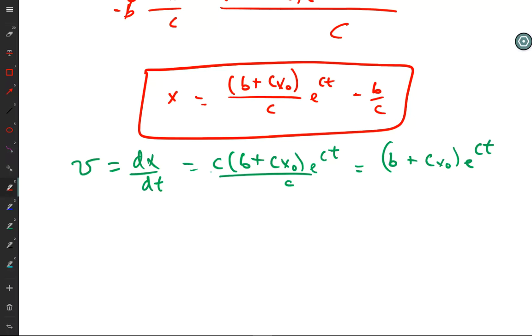They gave us the same answer, which is kind of important. If they didn't give us the same answer, we'd know there was a mistake. Self-consistency, good. And how would I find acceleration? Acceleration is dv over dt.